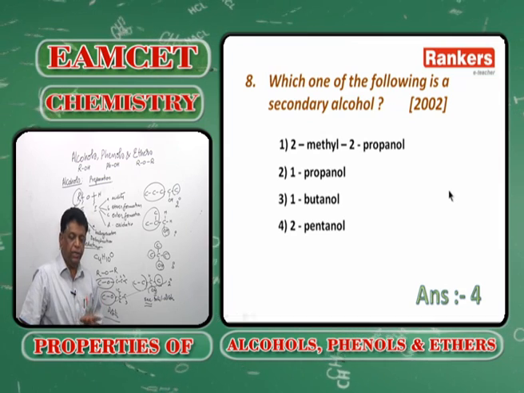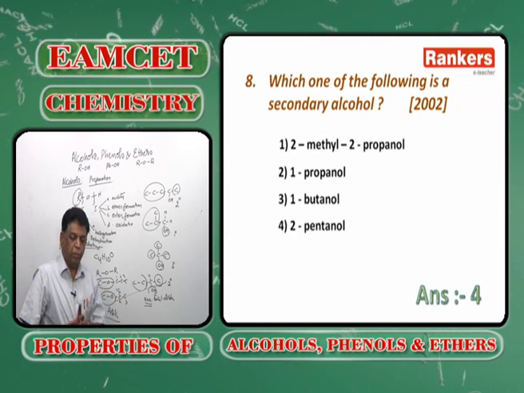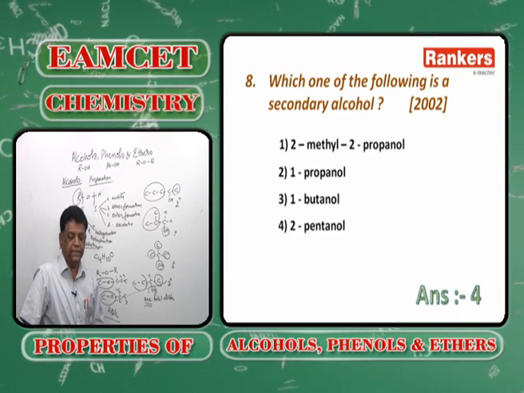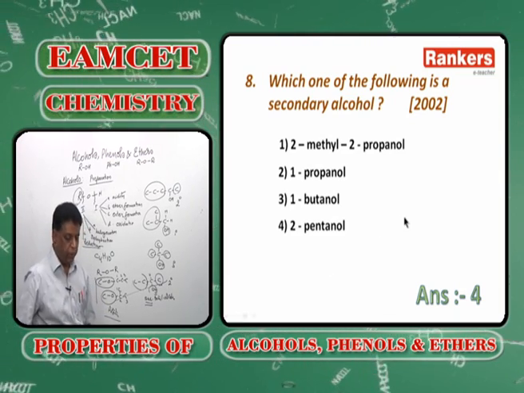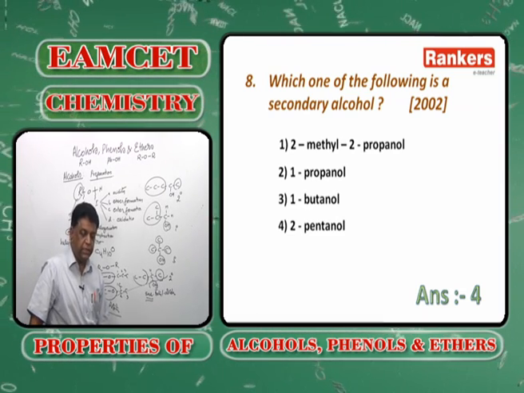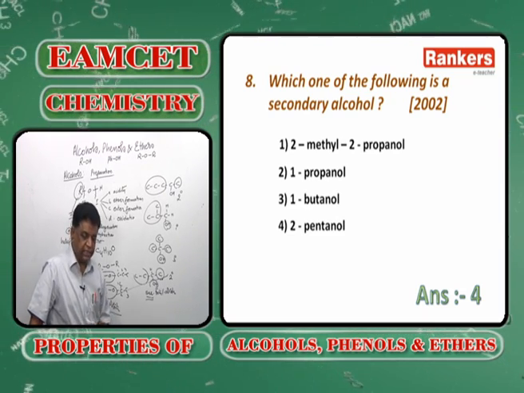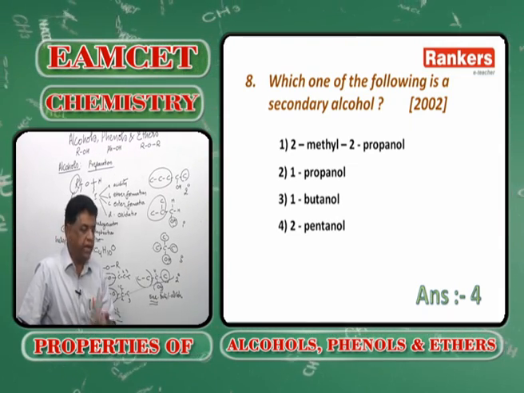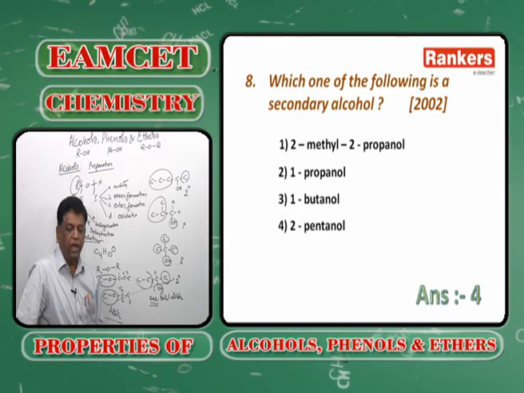He links the nomenclature with some reaction. Pure nomenclature questions are no more coming in recent years. You must be thorough with the nomenclature so that you can transform name to structure and structure to name. Then you identify what type of alcohol is being asked.